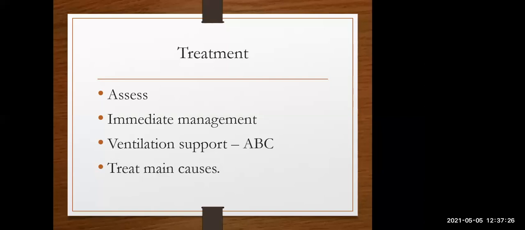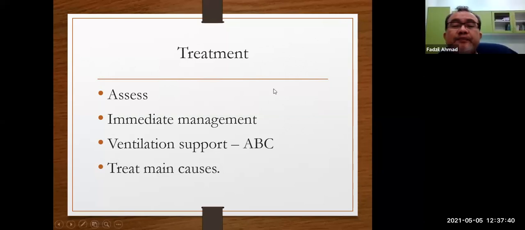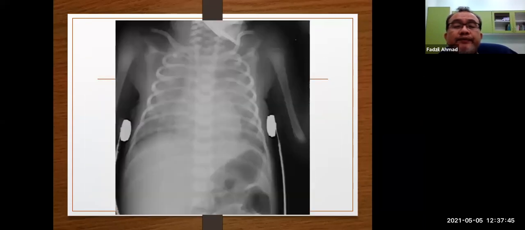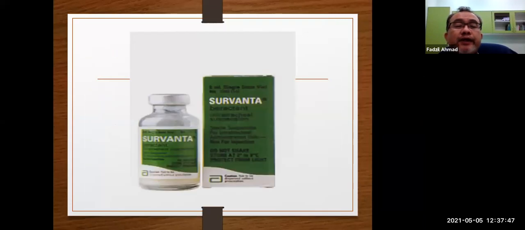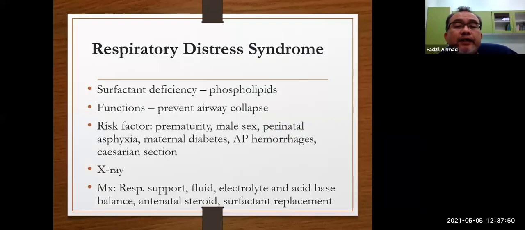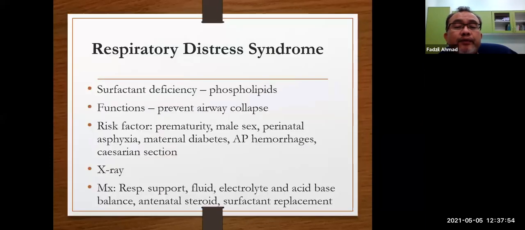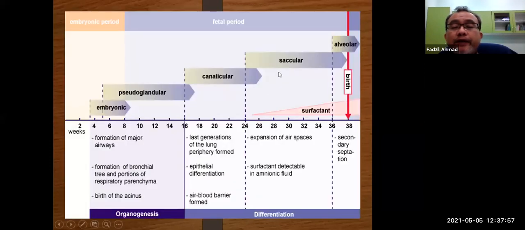Dato, I have one question. How to differentiate between respiratory distress syndrome and congenital pneumonia clinically? First history. The respiratory distress syndrome mainly occurs in the premature, mainly because of surfactant deficiency.